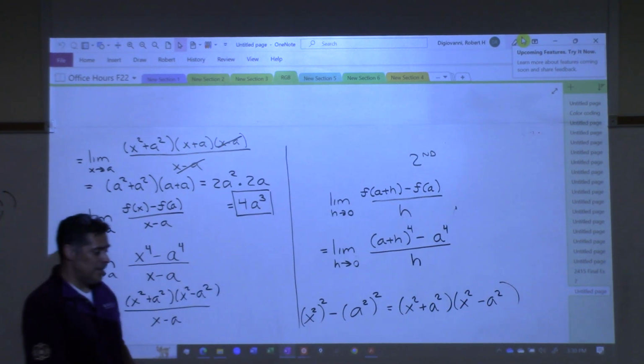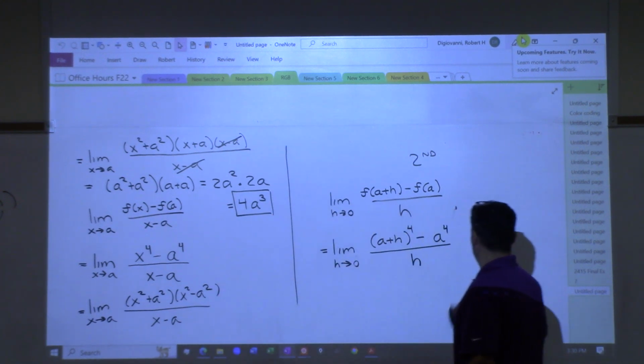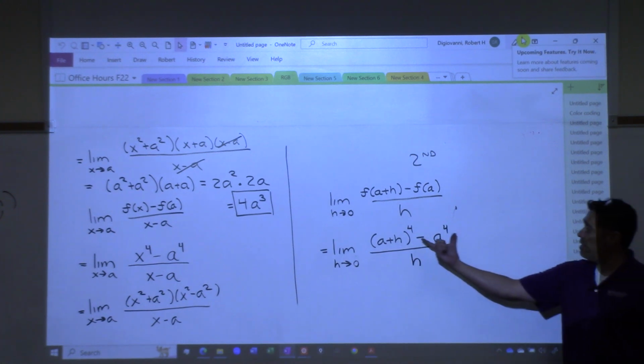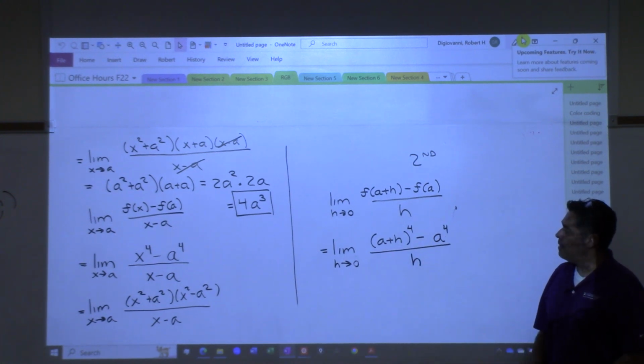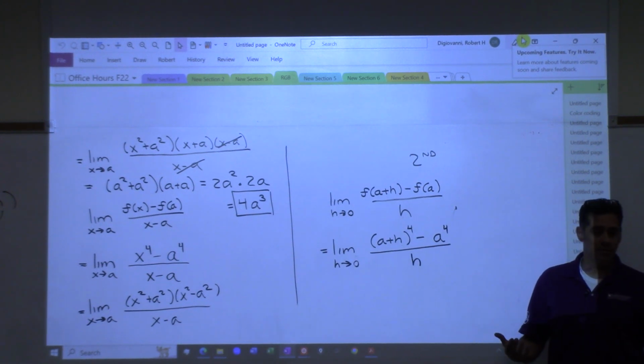Let's see. We stopped over here on the second version. Let's see what kind of algebra we need here. You could do a difference of squares here, couldn't you? But I could also figure out what a plus h to the fourth power is.